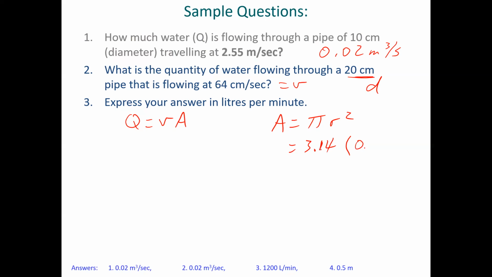So in this case my radius is 0.10 meters, and we're going to square that. Punch that into my calculator. So 0.1 times 0.1. Oops, try that again. My fat fingers aren't working properly today.